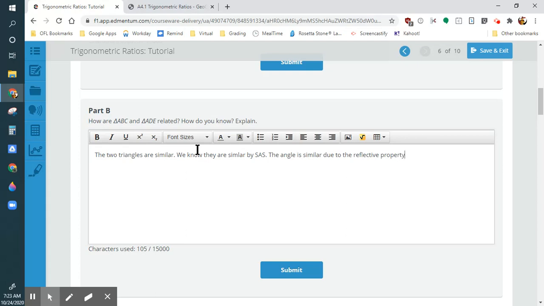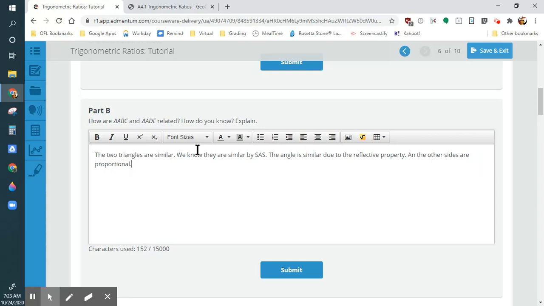Spelling it right, I was just saying it weird. Reflexive property. And the other sides are proportional.